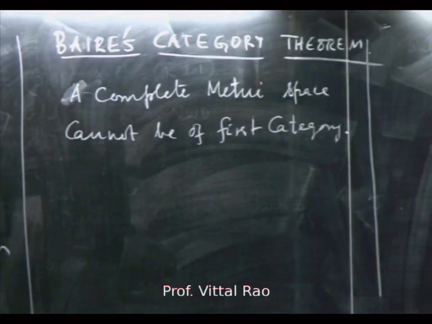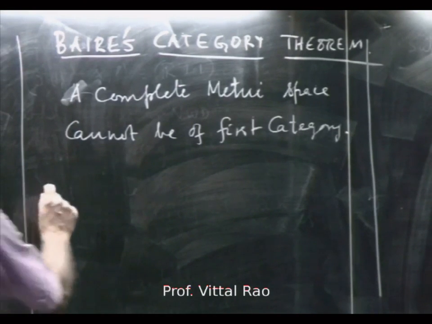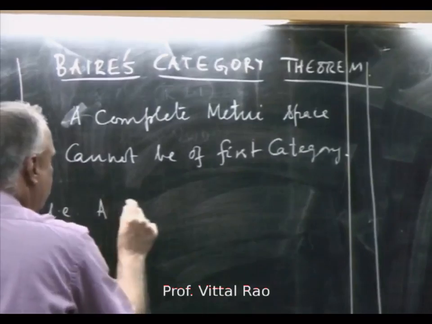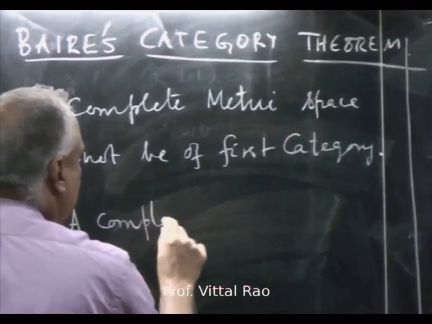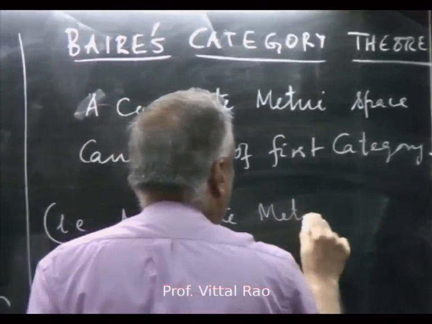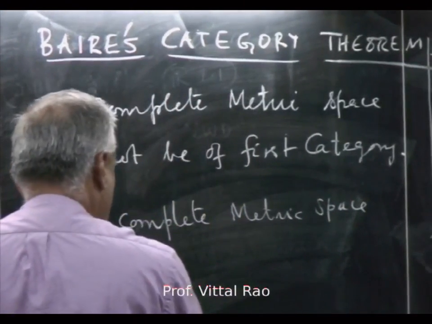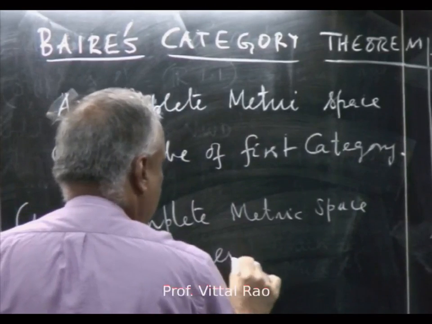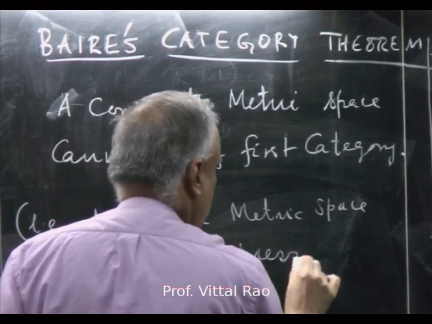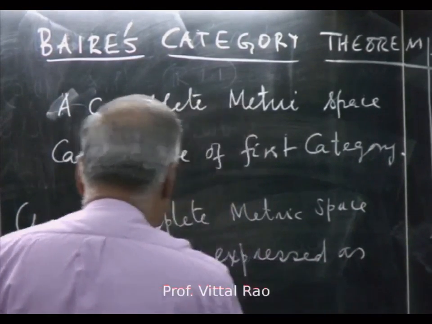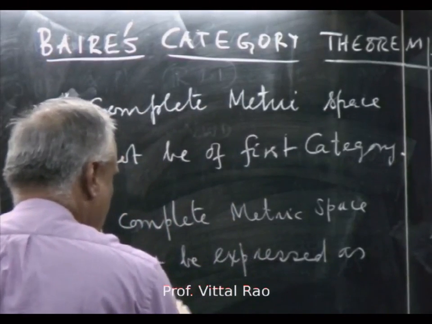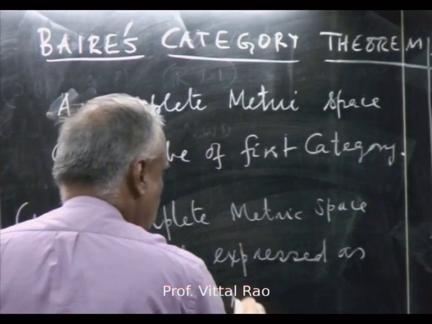And therefore, we have to introduce the name that whenever something is not first category, it is called second category. What does that mean? That is, a complete metric space cannot be expressed as a countable union of nowhere dense sets.